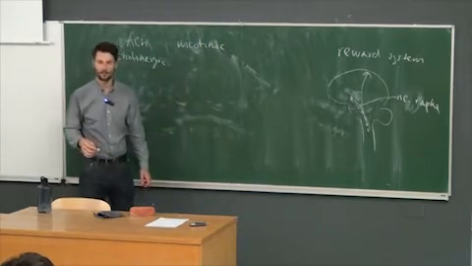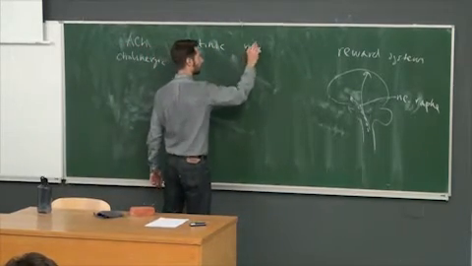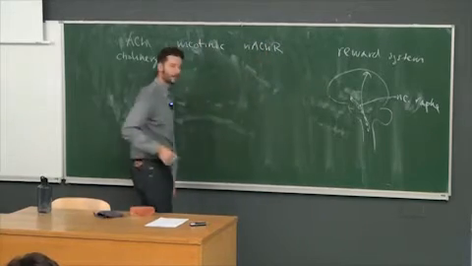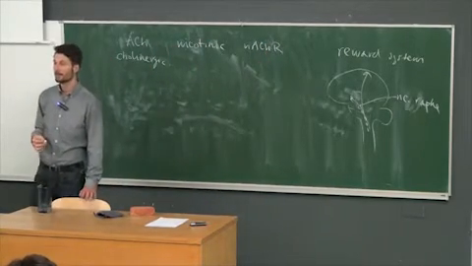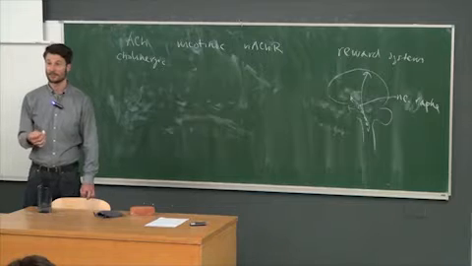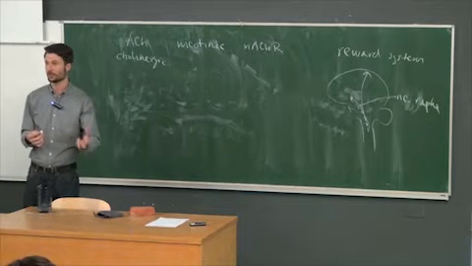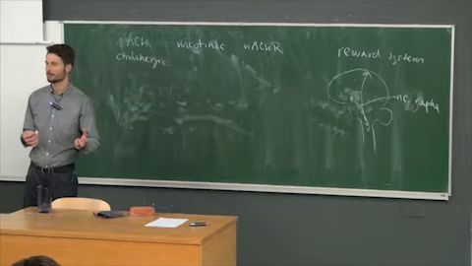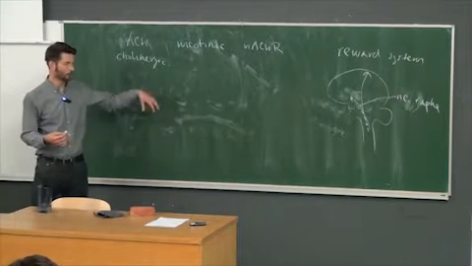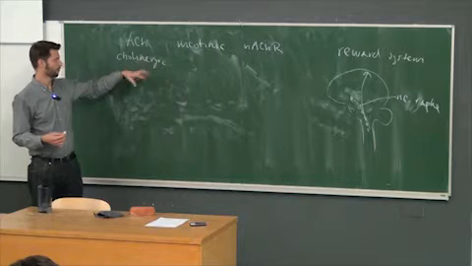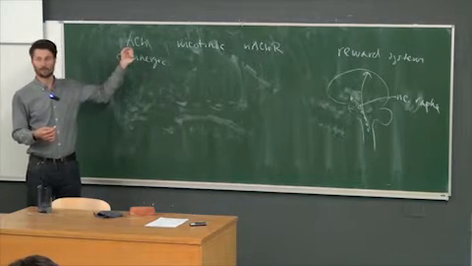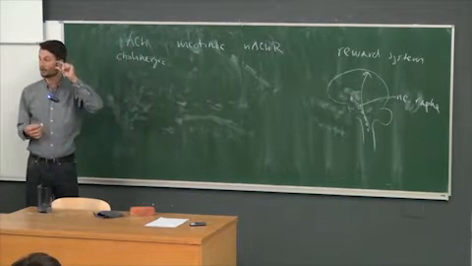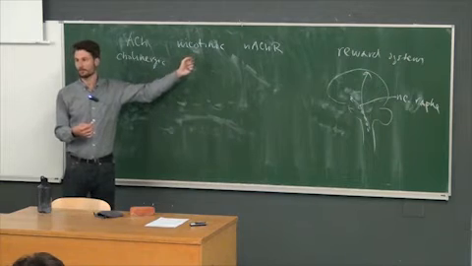Why do you think they're called nicotinic? Exactly, because nicotine is a specific agonist on nicotinic acetylcholine receptors. So both groups of receptors bind acetylcholine, but nicotine will only bind to nicotinic acetylcholine receptors.